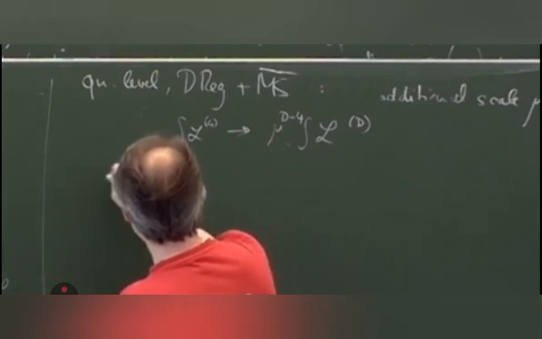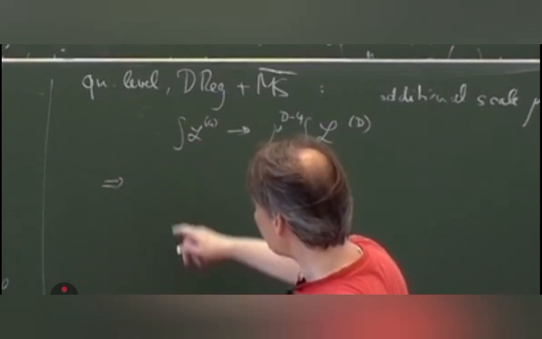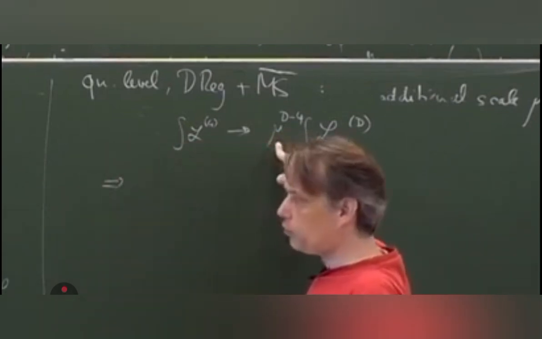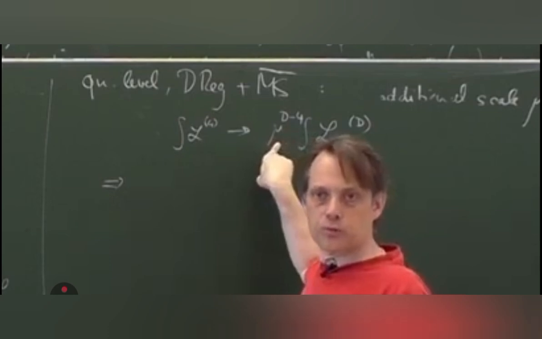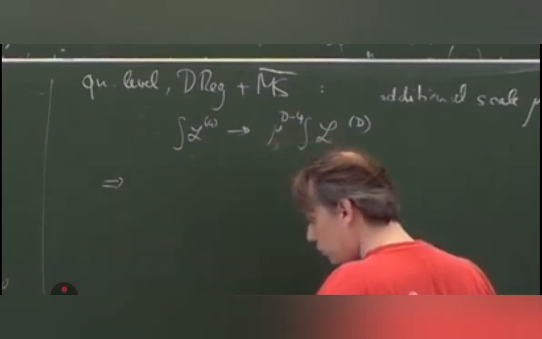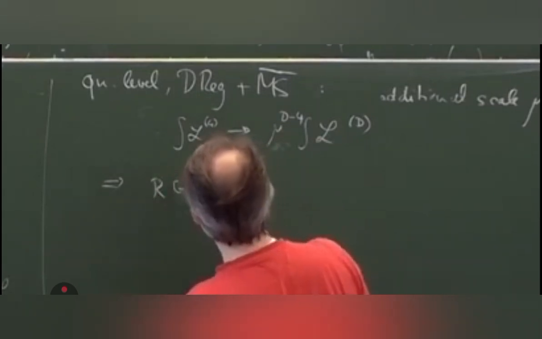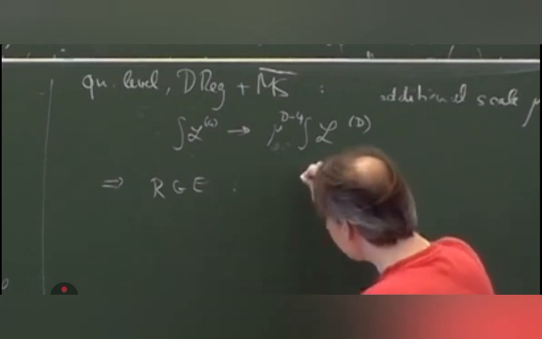And therefore, it is a two-step procedure. We first derive an equation for the role of mu, and then we can obtain a new scale invariance relation which is independent of mu. So the first step is the renormalization group equation, which we derived in that lecture over there, which looks like this.